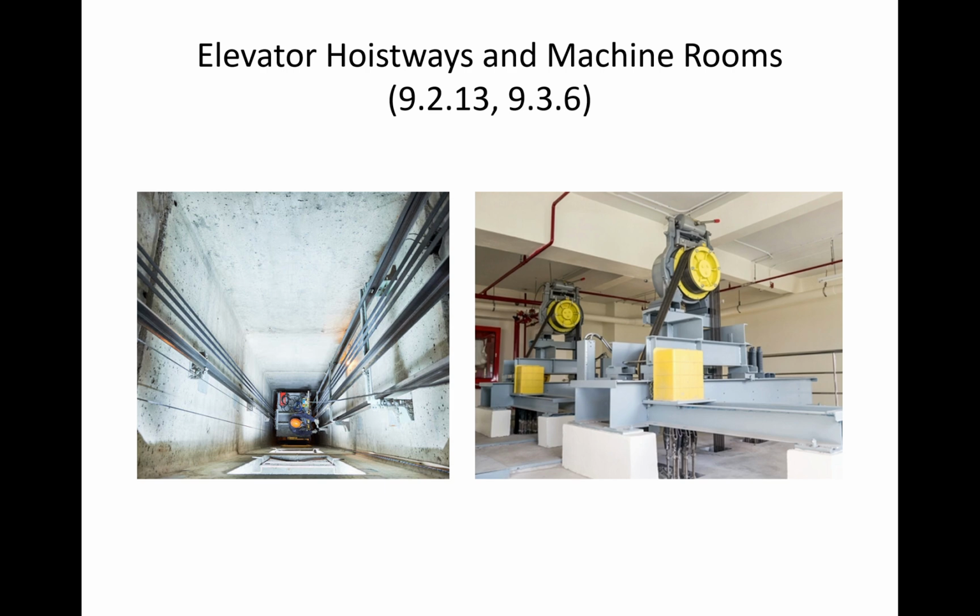It is required at the top of the elevator hoistway unless the car of the elevator hoistway is constructed as per ASME 17.1. Machine rooms shall also be provided with sprinklers unless they satisfy the requirements of 9.3.6 of NFPA 13.